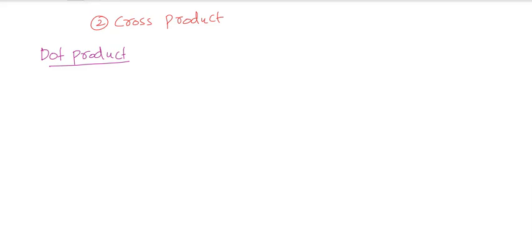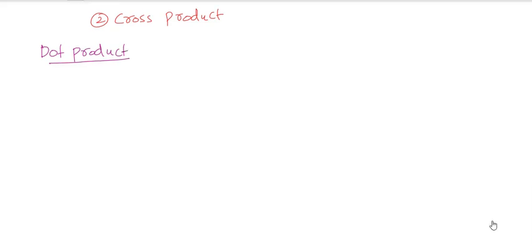So in the dot product, you know that dot product means a dot b here. Let a bar and b bar be two vectors.